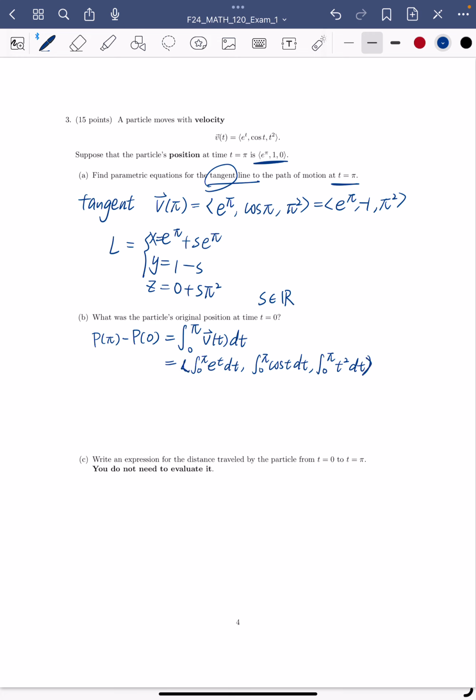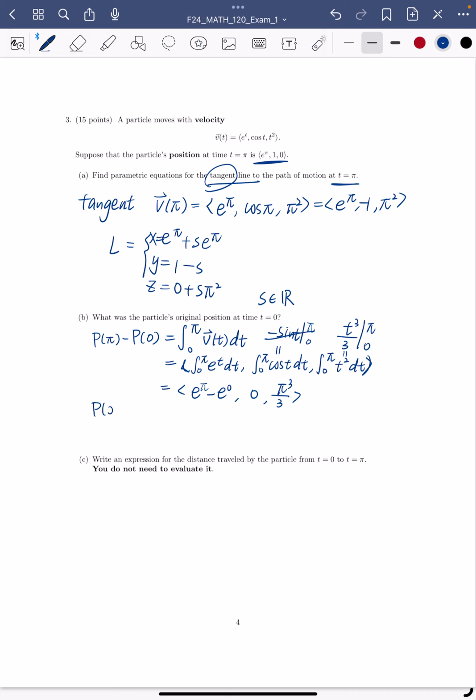Integral, angular bracket, e to pi minus e to 0, and for this it is sine t from 0 to pi, which is 0. And this is t cubed over 3. So pi cubed over 3. Good.